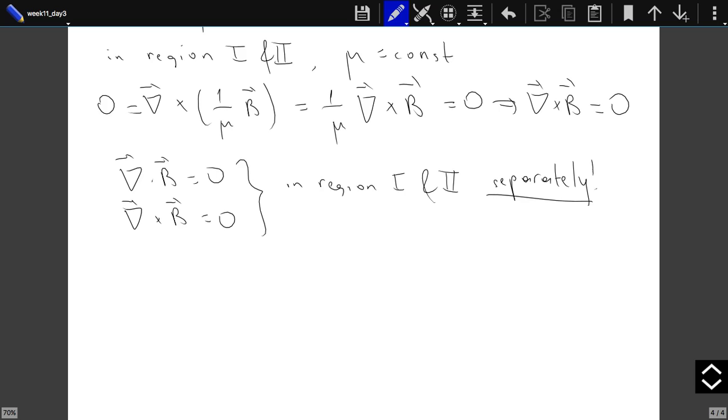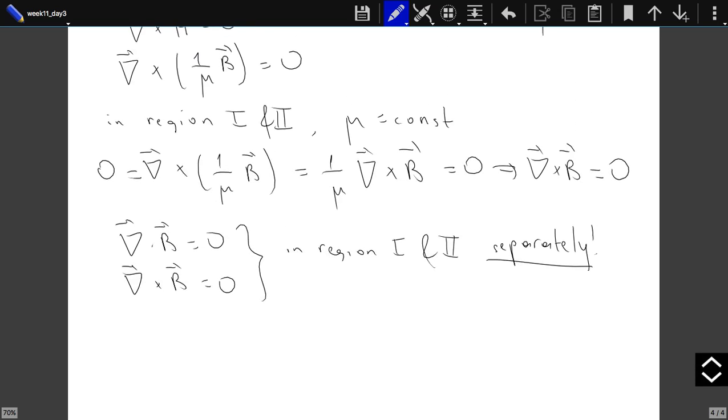Well, since curl of B is 0 in my domains, I don't need to worry about the vector potential. I can also work with a scalar potential. This just tells me that B in both regions can be written as minus the gradient of some scalar potential.